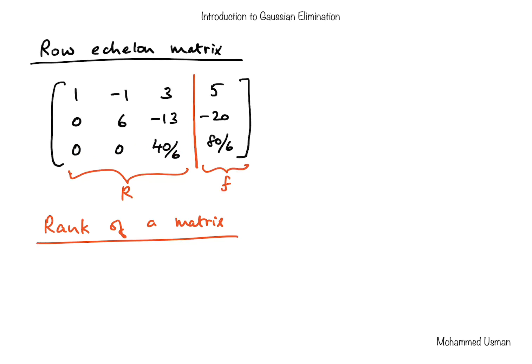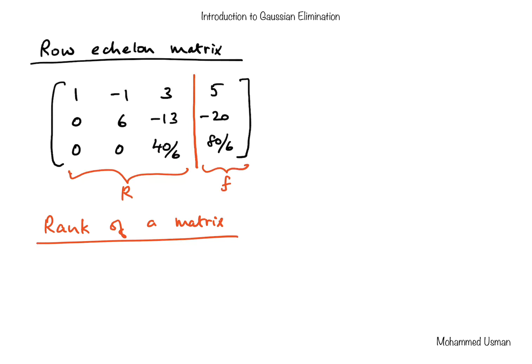So in this particular case, we see that the first row has all of them non-zero. The second row has 2 elements that are non-zero, and the third row has 1 element that is non-zero. So we have in this particular case 1, 2, and 3 rows in R which are non-zero.